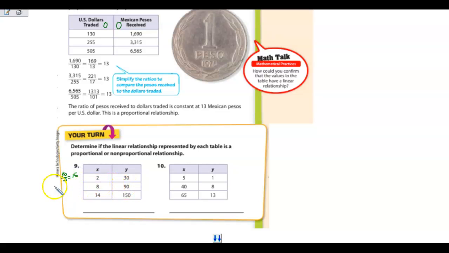If I take 90 over 8, 90 divided by 8 gives me 11.25. Well, already I can see I have no constant. Because I have no constant, is this proportional or non-proportional? It's going to be non-proportional.